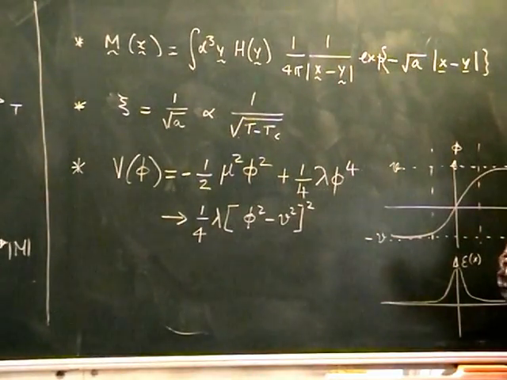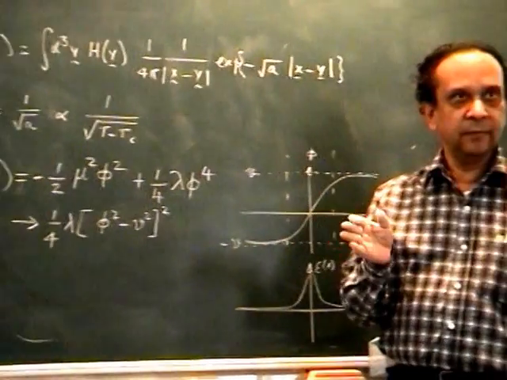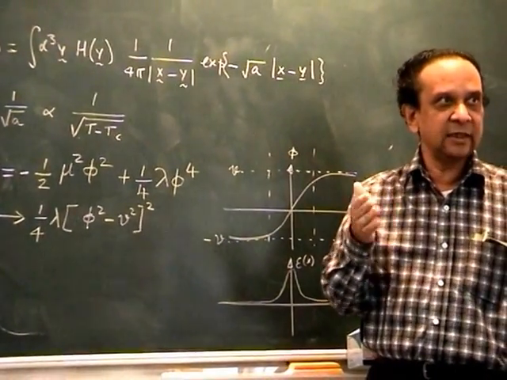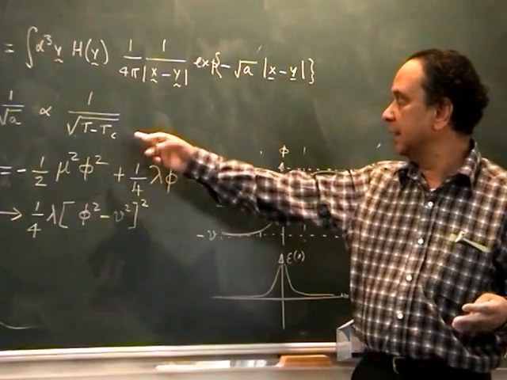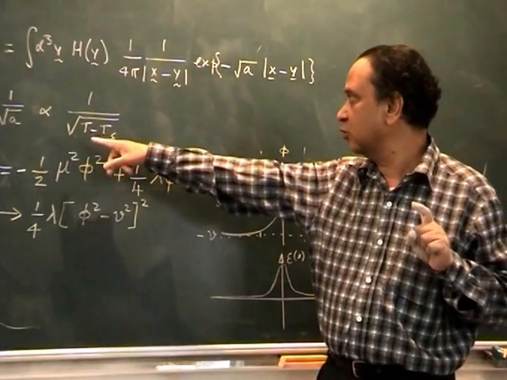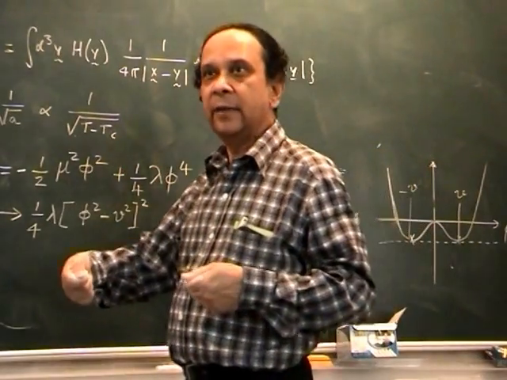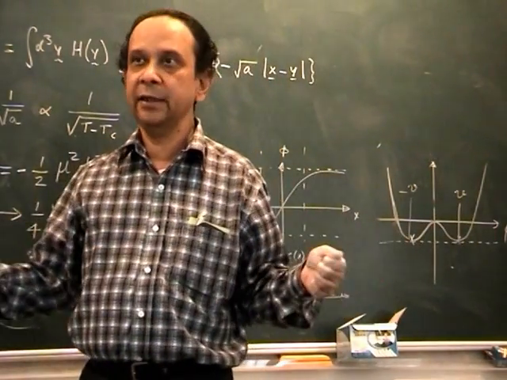So the correlation length between your perturbation and the response, the characteristic length scale over which this phenomenon takes place, varies with temperature non-analytically, as 1 upon the square root of T minus Tc. As you approach the critical temperature, the correlation length becomes infinite.